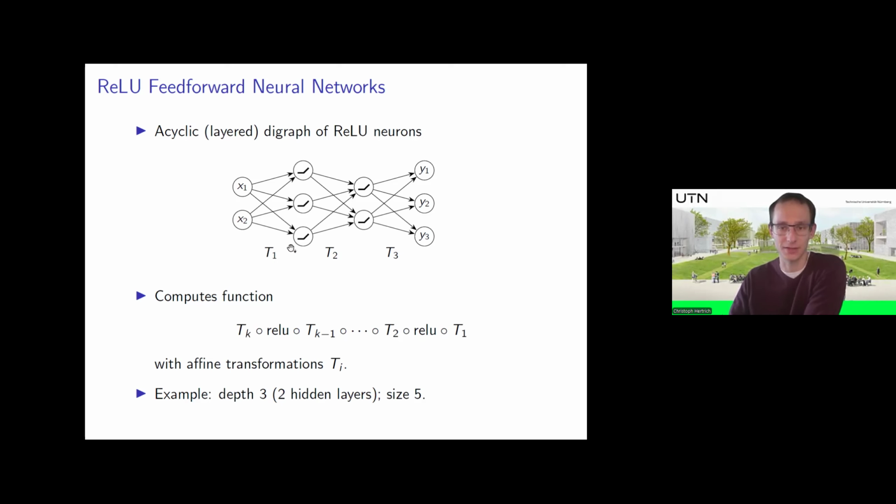So a hidden layer is a layer of ReLU neurons that is not the input and also not the output. So that's just by definition. The depth is always one more than the number of hidden layers. I mean, there are other conventions, but that's the convention that seems to be the most used in the kind of questions I study. And then the size would be just the number of all the ReLU neurons not counting inputs and outputs, so it would be 5 in this case.